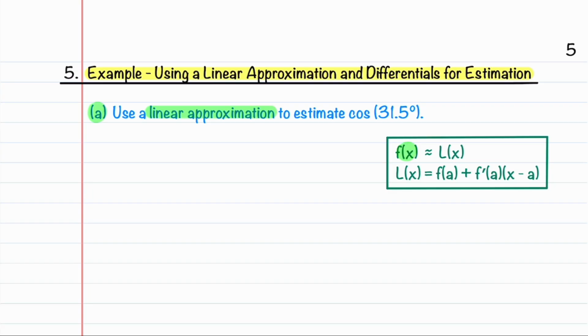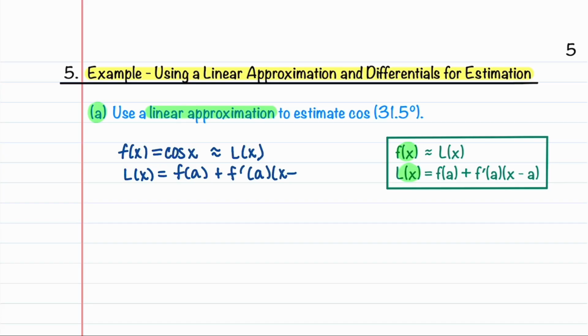Our function is going to be approximated by L of x, and then I have the formula for L of x. Our function f of x is cosine x, and this is approximated by L of x. L of x is equal to f at a plus f prime at a times x minus a.